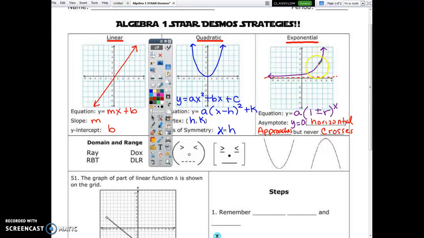Okay, this thing is going to get really, really close to it, but it's never going to touch it or cross it. It's like a force field. The asymptote is a horizontal line. It's y equals. Okay?